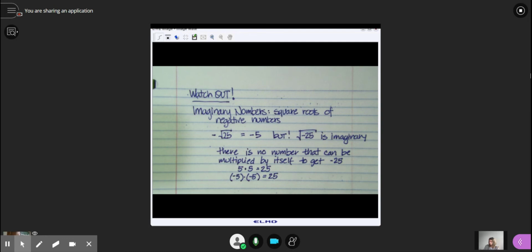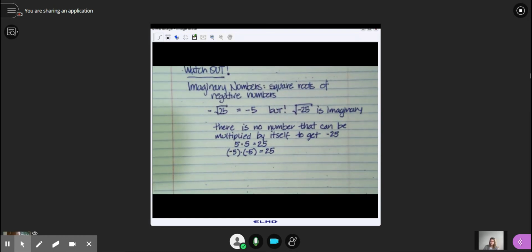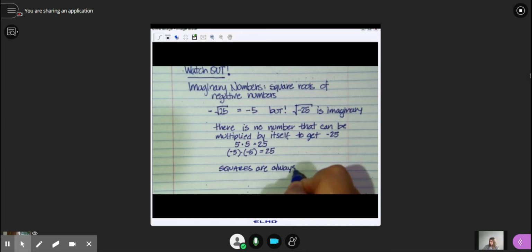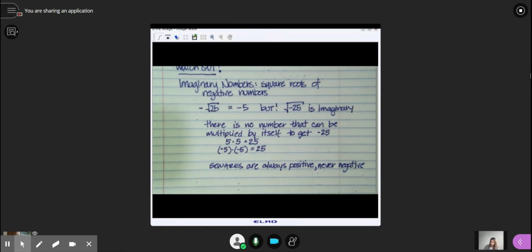Squares are always positive and cannot be negative. So if you're trying to take the square root of a negative number, that's an imaginary answer. All right?